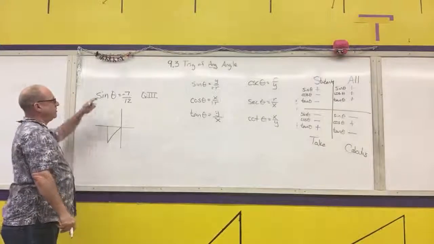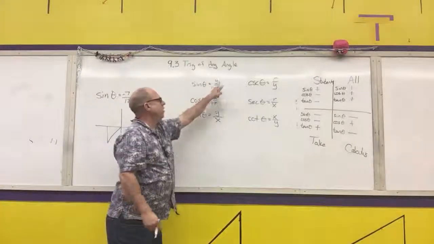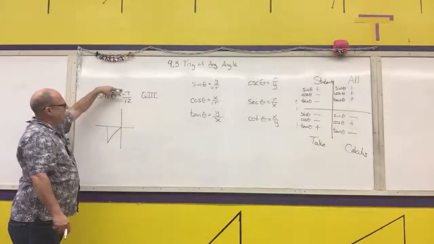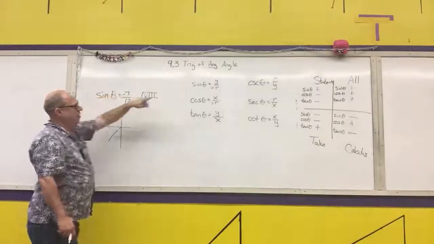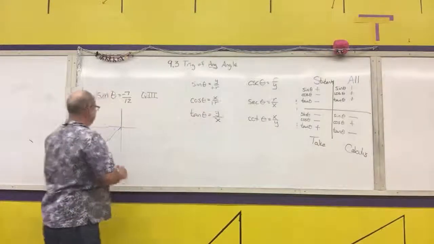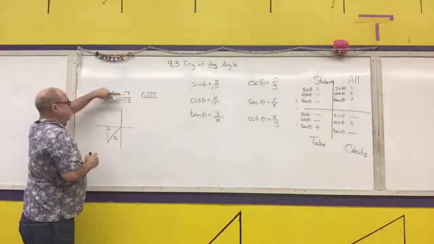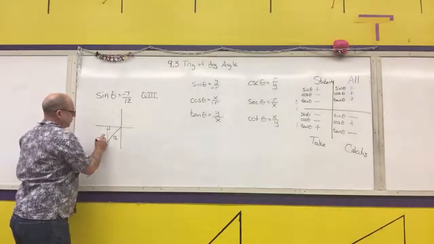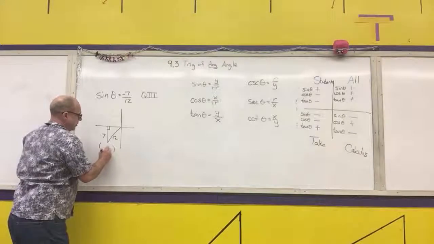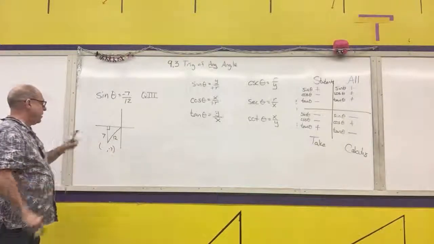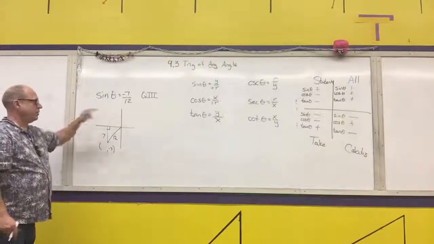Okay, and you know that sine is y over r. Well, look here. I've got a negative and a positive. The r has to be the positive. So this side of the right triangle is 12. That length is 7. My coordinate is negative 7, and I just need the other coordinate.